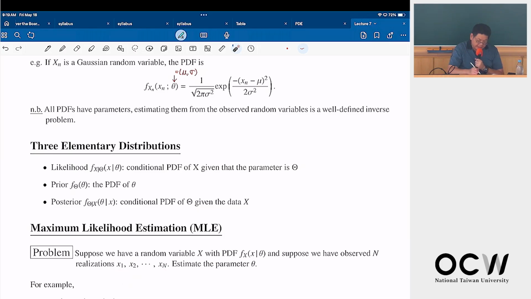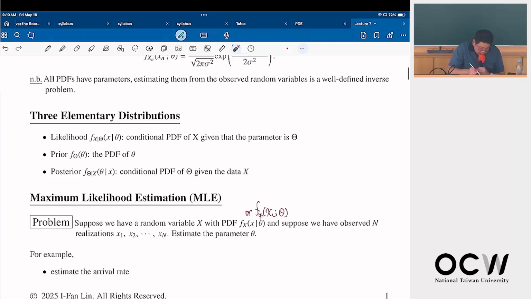Those are the outcomes. Then we want to estimate this parameter. Here you can see that this is not a conditional PDF, okay, because it is just a PDF of X. But a lot of textbooks just write it like this. It should be f of x, and they use a semicolon theta.